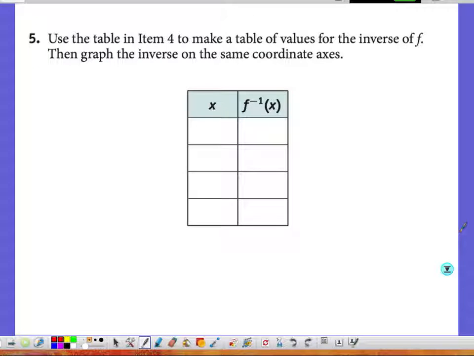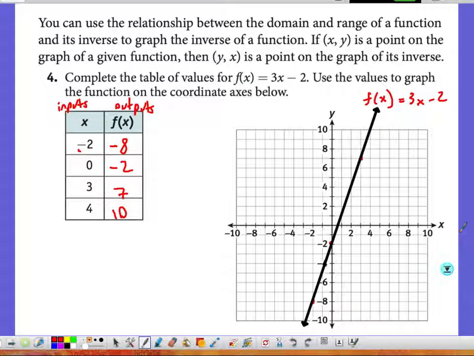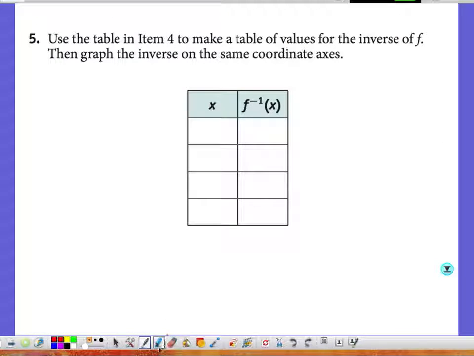Use the table in item 4 to make a table of the values of the inverse of f. Then graph the inverse on the same coordinate axis. So f of x is equal to 3x minus 2. So we have to find the inverse, which we already know using those 4 steps. We change f of x into y.